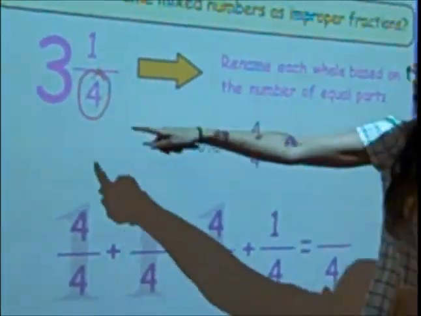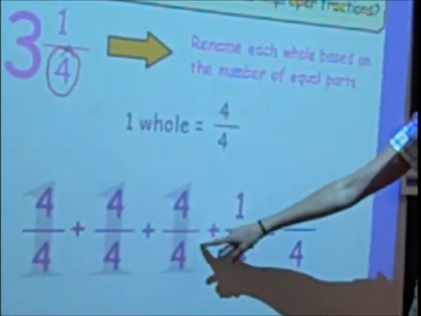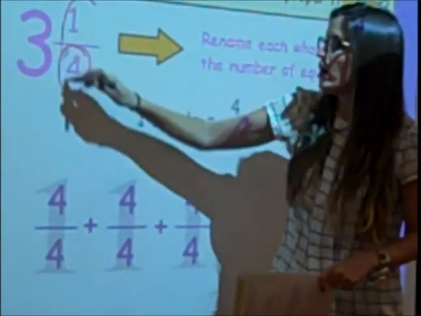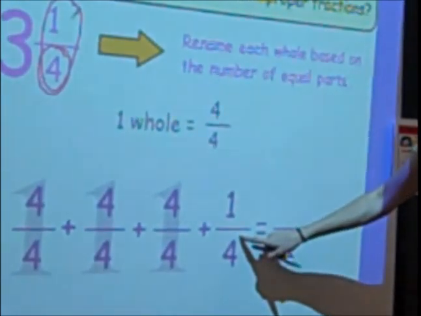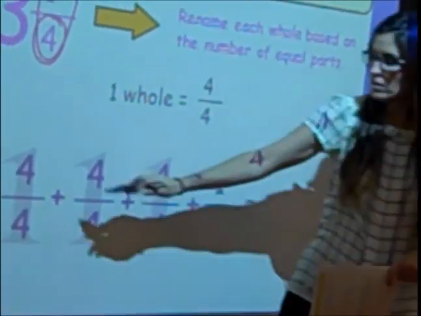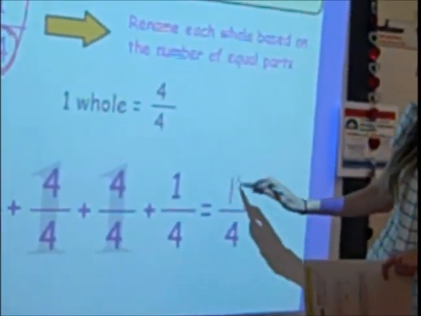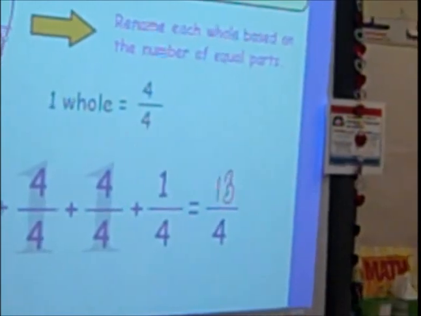And if we have 3 wholes, that means we have 4 fourths, 4 fourths, 4 fourths. And we have 1/4 left of the next piece. So if we were to add all of that together, 4 plus 4 plus 4 plus 1, 13 fourths.